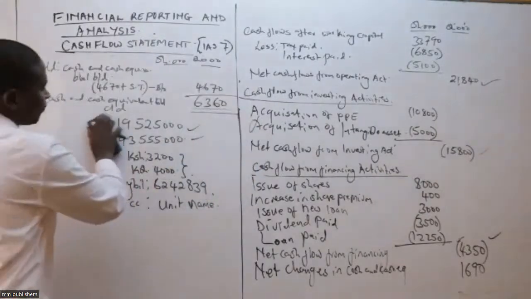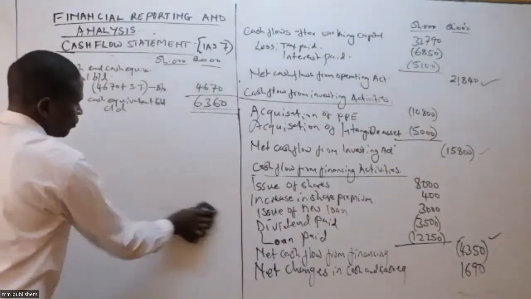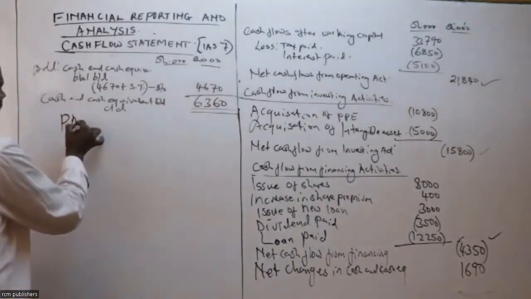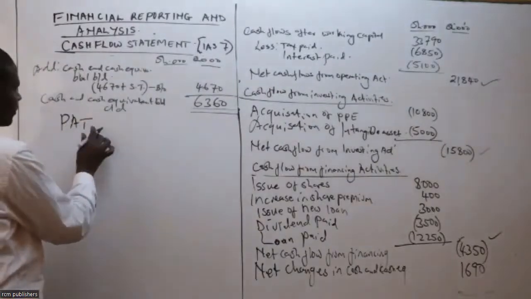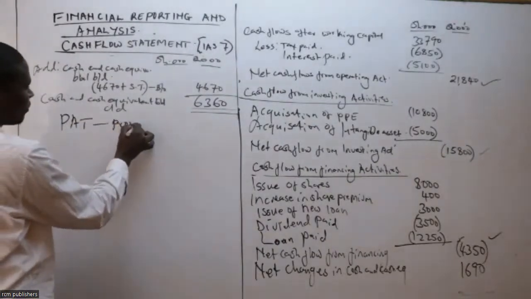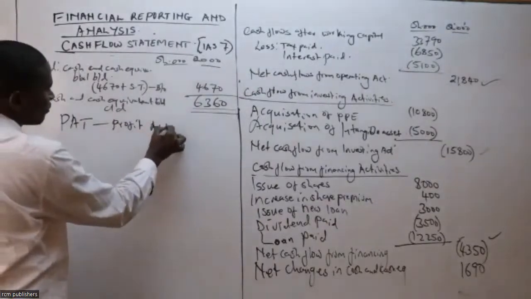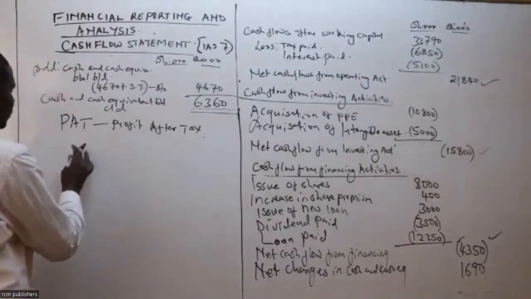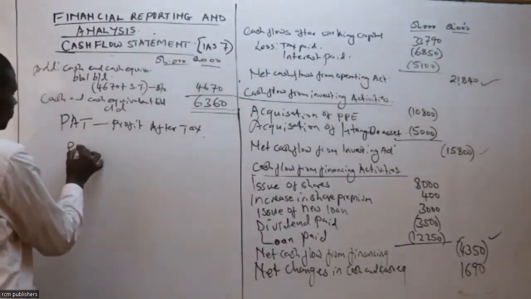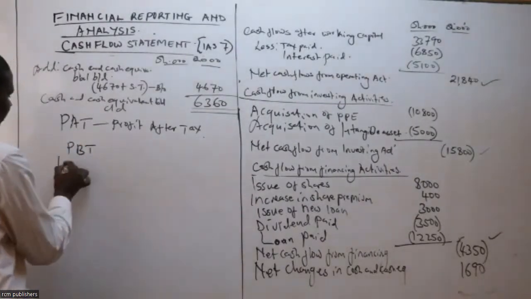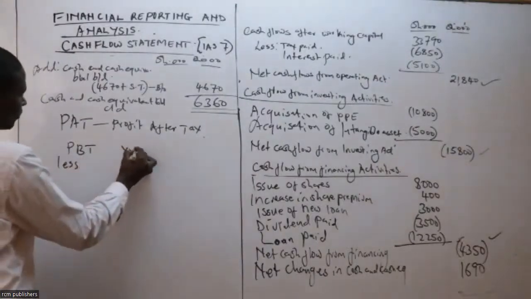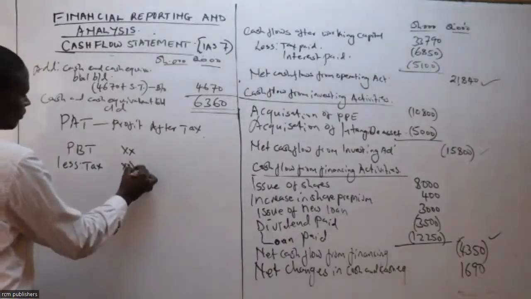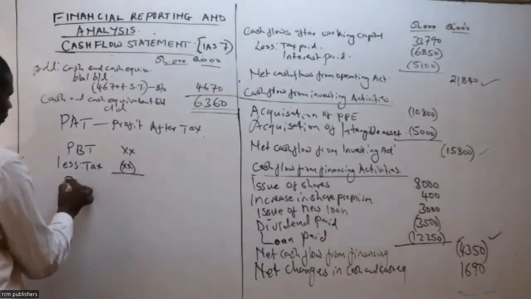In the cases whereby the examiner gives you the profit after tax, I take you back to the income statement. We know that profit before tax, we less tax, so that we get profit after tax.